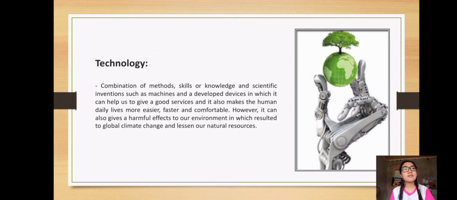First, let us define the meaning of technology, just for a broader understanding. What comes to our mind when we hear the word technology?